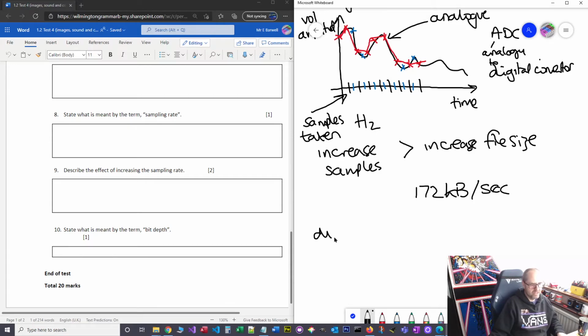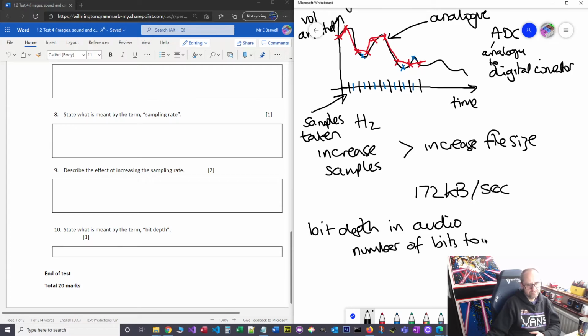Oops, I moved on to depth. So the bit depth in audio refers to the number of bits to represent the amplitude. So when we take a sample, we're actually saying, right, okay, record the number, but we're going to be limited to a certain number of bits.